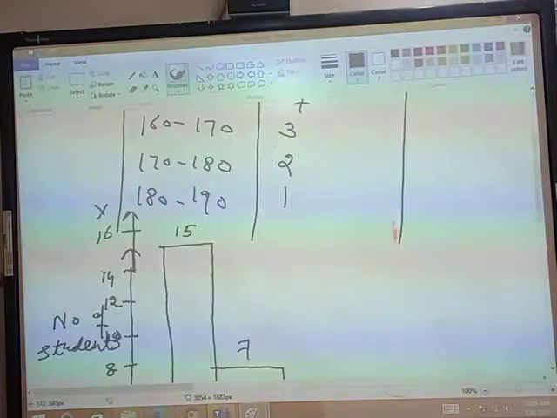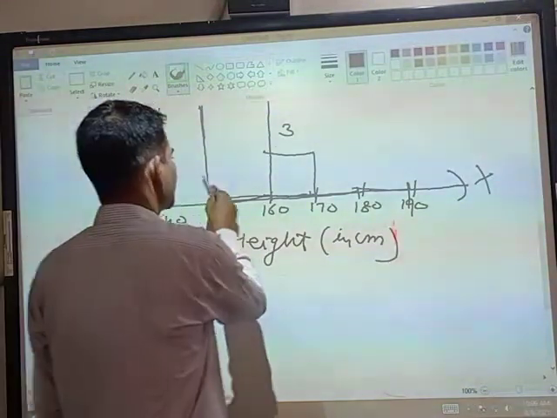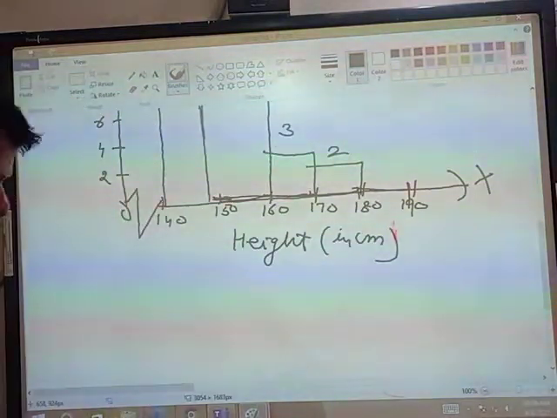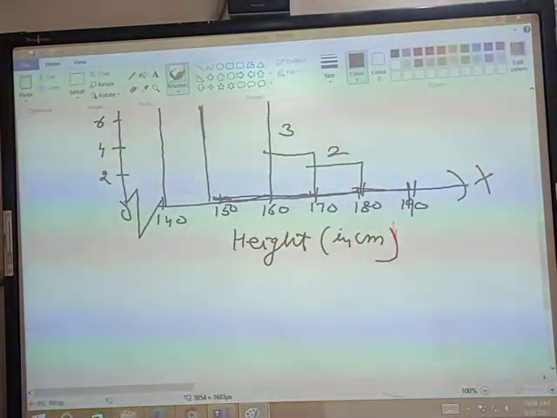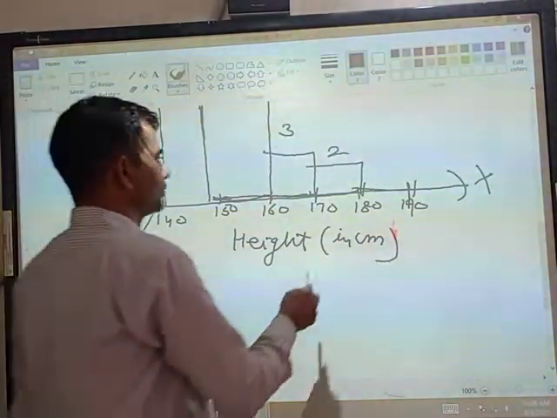Now 170 to 180, it is 2. Next is 180 to 190, it is 1 only.